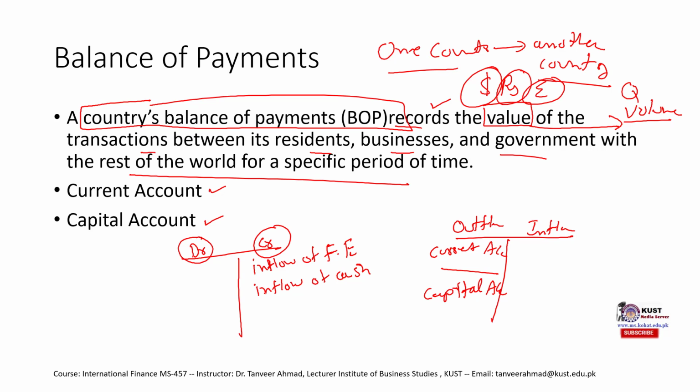So if a company from another country buys products from a company in Pakistan, then it would be a cash inflow in Pakistan. It would be recorded on the credit side. And obviously, the debit side would then be the outflow of foreign exchange, right? So it would be the outflow of cash.